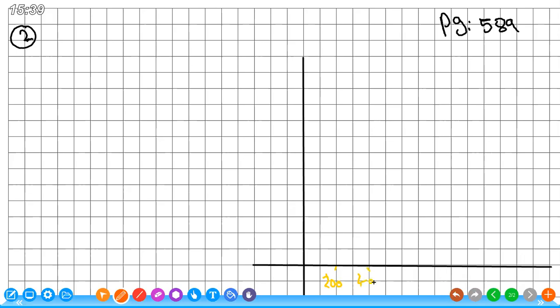Or 200. 600. 800. And 1000. This is for the number of pieces.